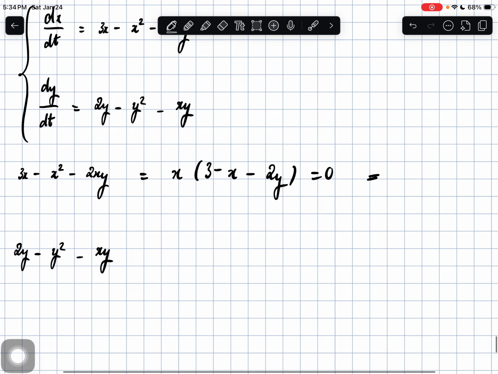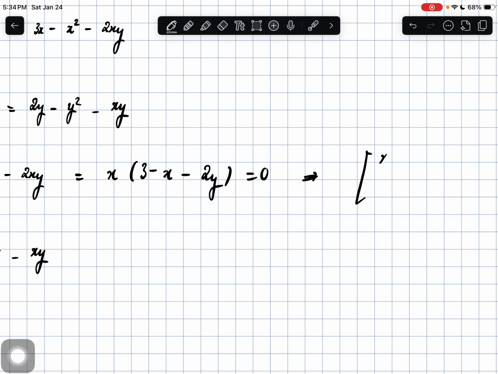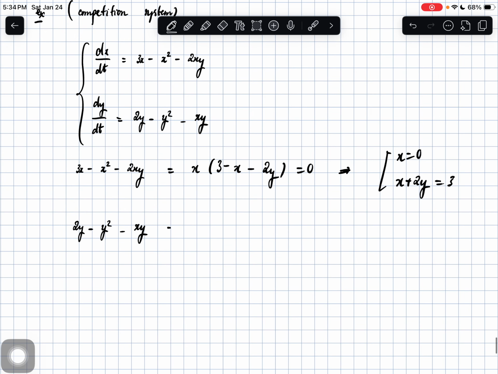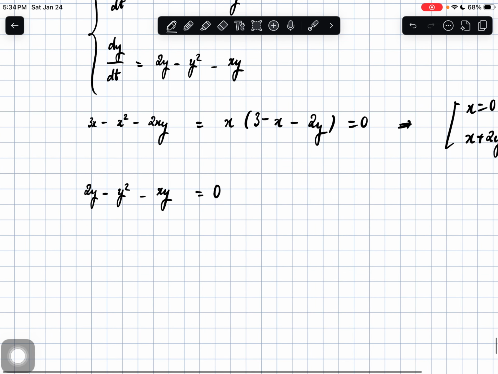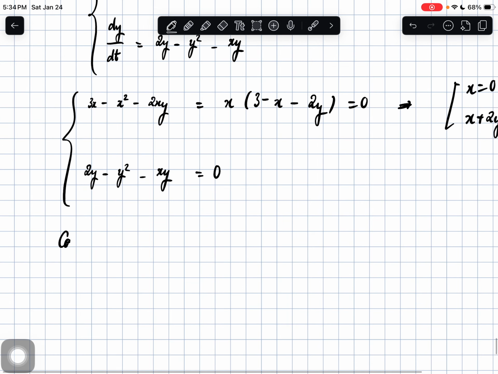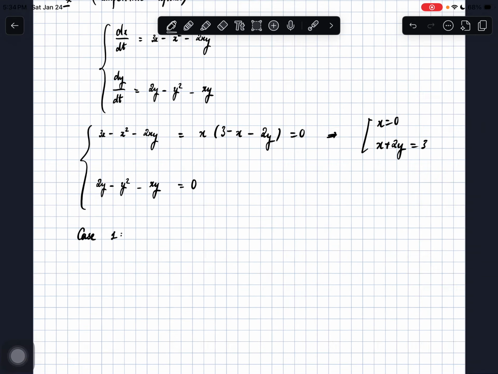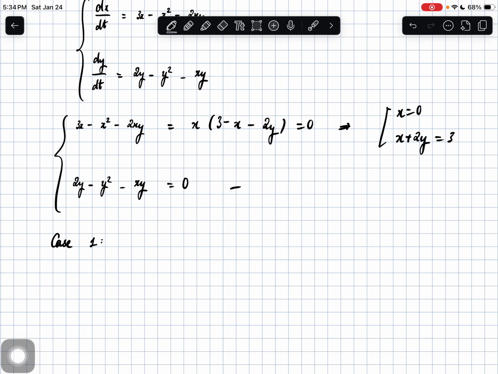This one will give us two cases: x equal to 0 or x + 2y = 3. So let's look at case 1. The second equation here will give us y(2 - y - x) = 0, so we also have two cases: y = 0 or x + y = 2.